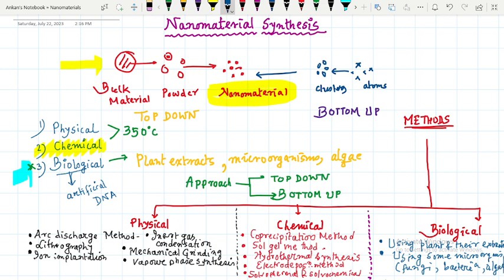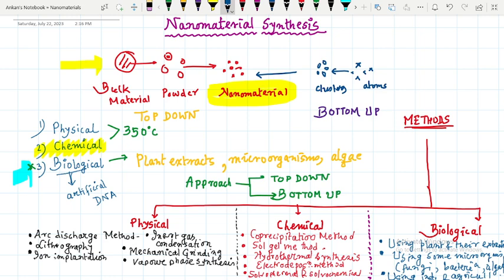Okay, and it also uses some industrial and agricultural waste. These involve some biological methods.